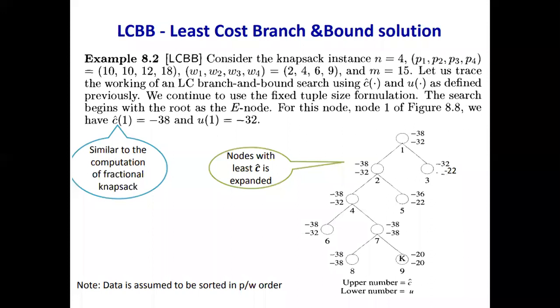Is it clear? So I will repeat, least cost search is a search technique that uses a cost function in order to find a node whose cost is minimum or least. That is why it is called least cost search. Clear? So based on least cost, we are going to select the particular node. So this is called least cost search.